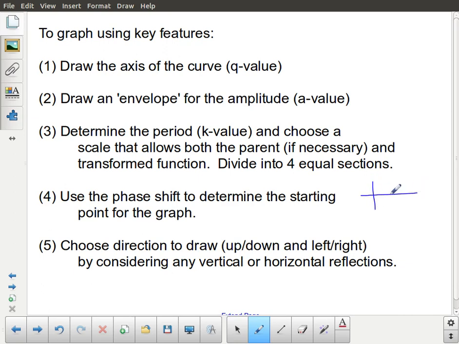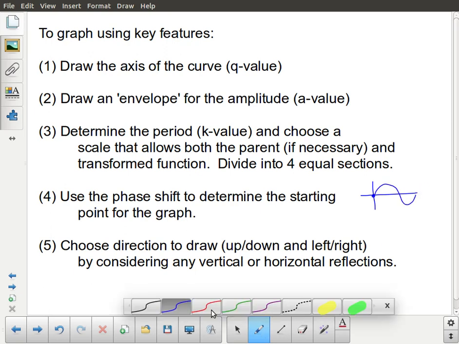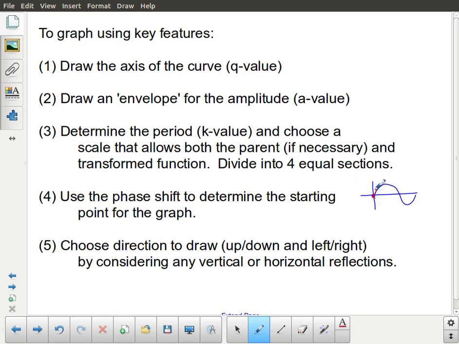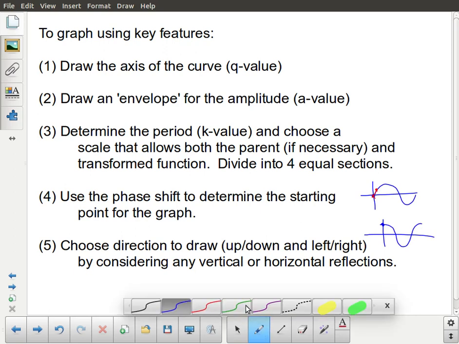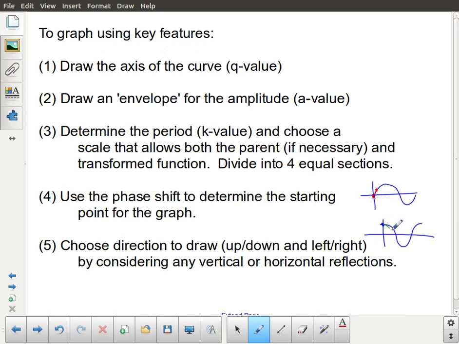The parent function for sine starts at the origin, and so if I just draw it there, how would we describe how it starts? It starts here, and then it moves up to the right. The parent function for cosine starts at a maximum. It looks something like that, but how would we describe the way that it starts? It starts going down to the right.